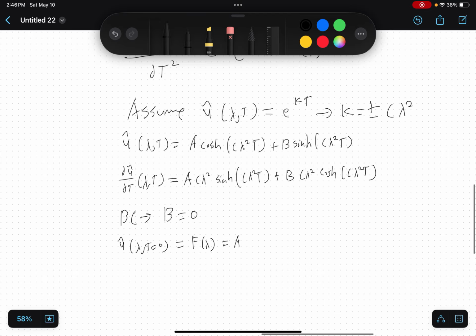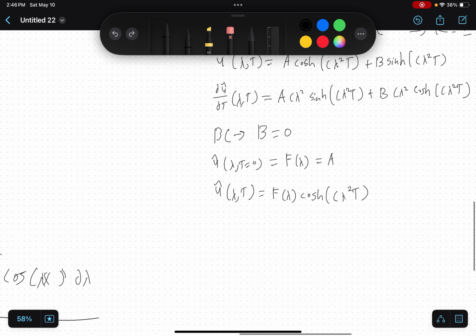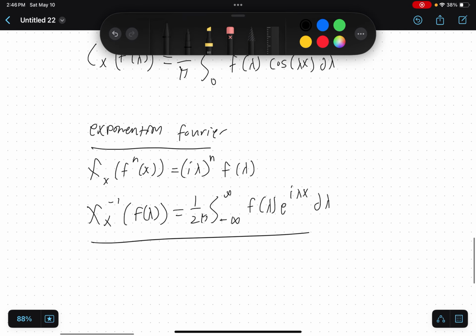Yeah, okay. So our final thing is that's our final thing. And then to untransform it, we have to integrate it like this.